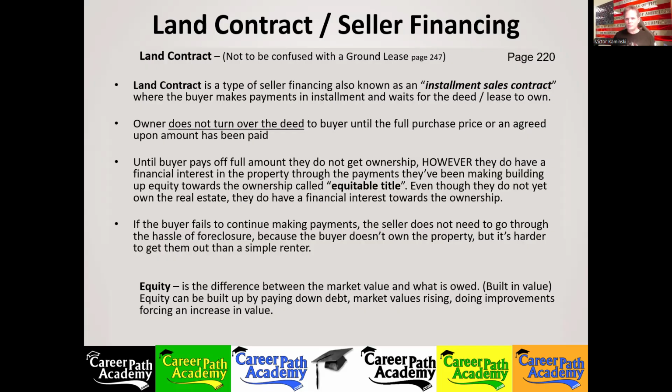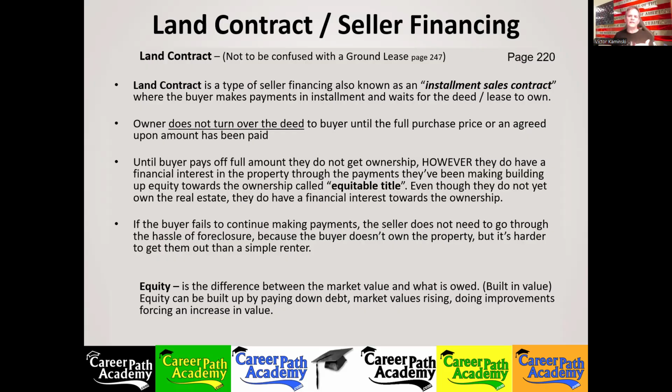It's like a lease to own. So until the buyer pays off the full amount, they do not get the ownership. However, they do have a financial interest in the property through the payments they've been making, building up equity towards that ownership. And we call that equitable title, because equity is built in value through your payments.